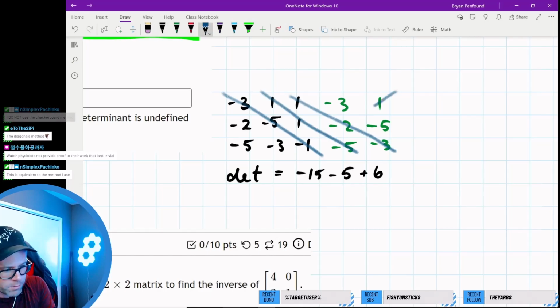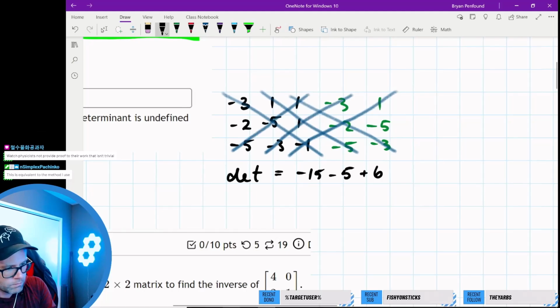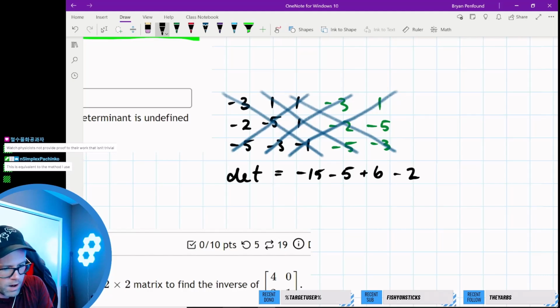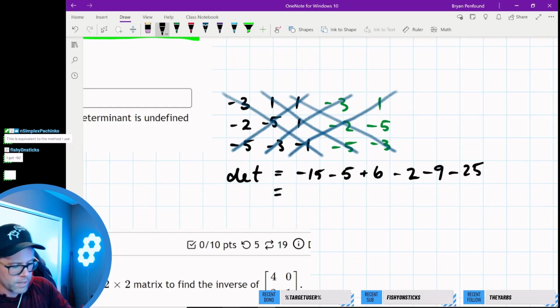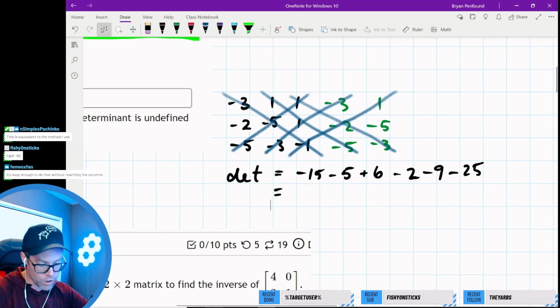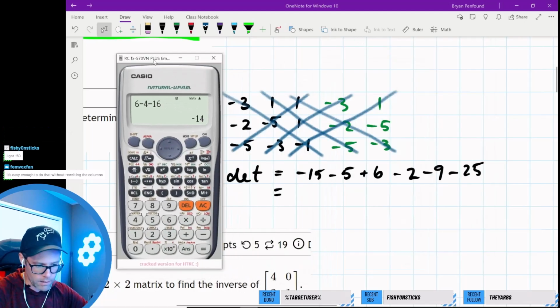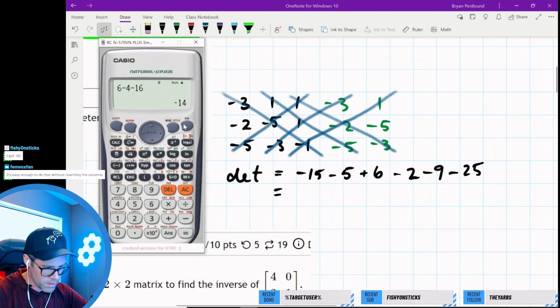And then I need to subtract these three diagonals from what I originally have. So I need to subtract 2, I need to subtract 9, and then I need to subtract 25. And then whatever this sum is should be our determinant, hopefully, if I did that correctly. Let me know if I made a mistake anywhere in there too, but I think everything looks okay.